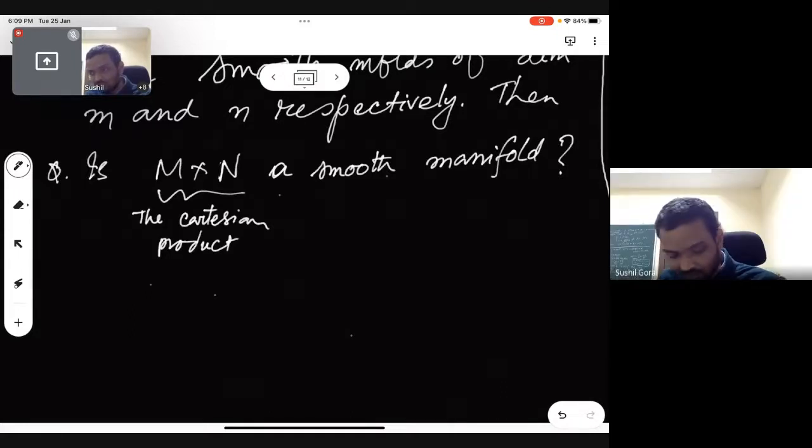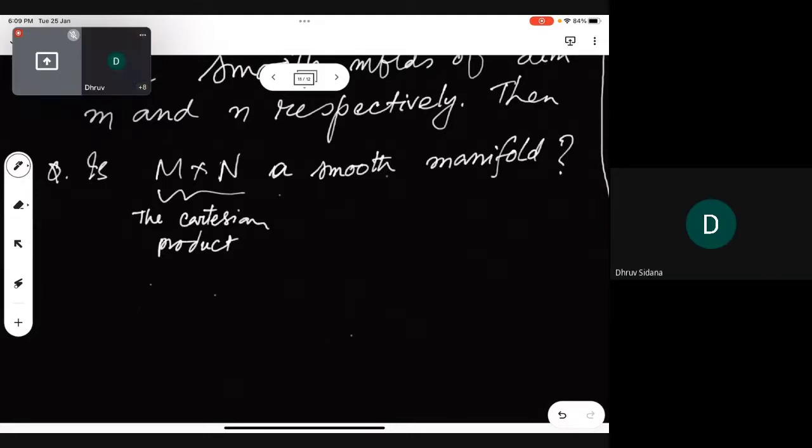It should be a manifold, right? So what would be the guess for the dimension? What will be the candidate for the dimension? Yes. Yeah, Dhruv, say that again. Yeah, I'm thinking.